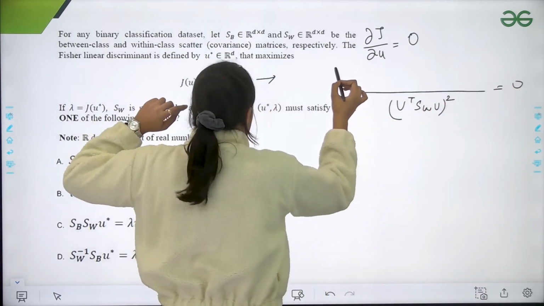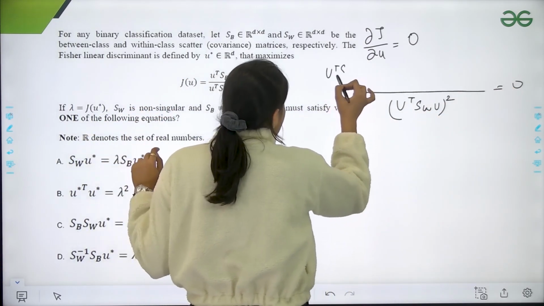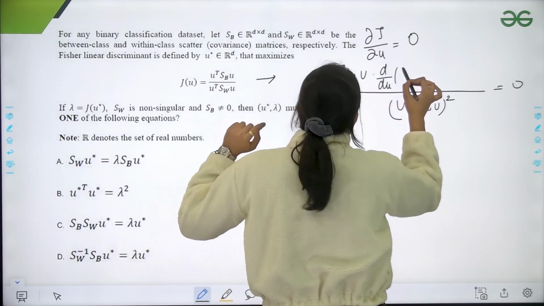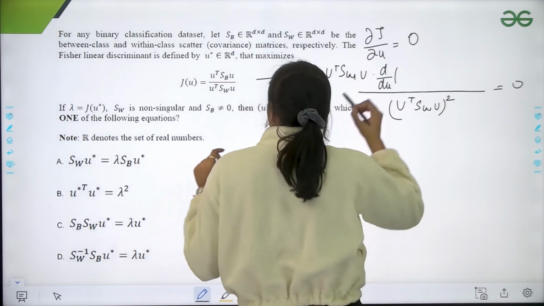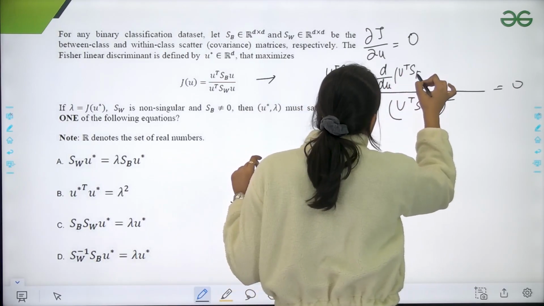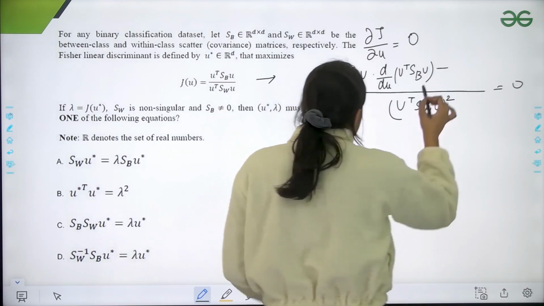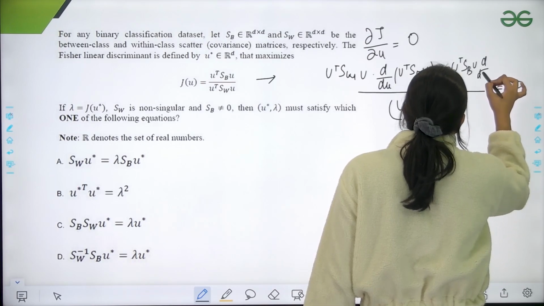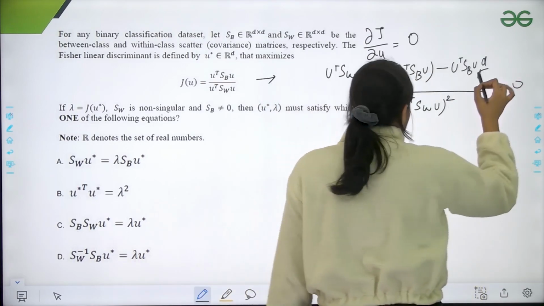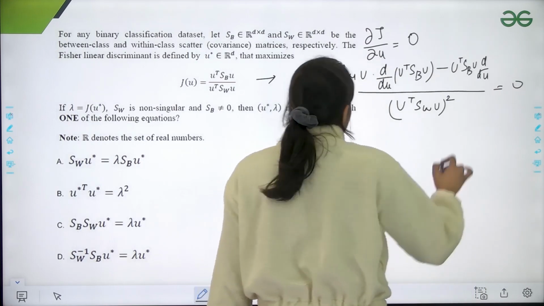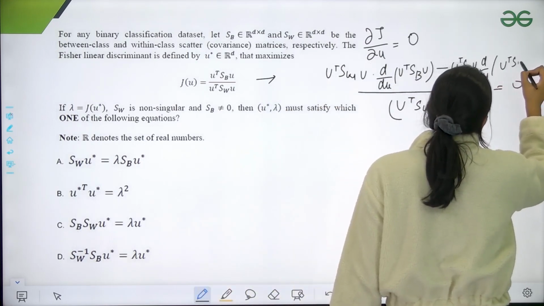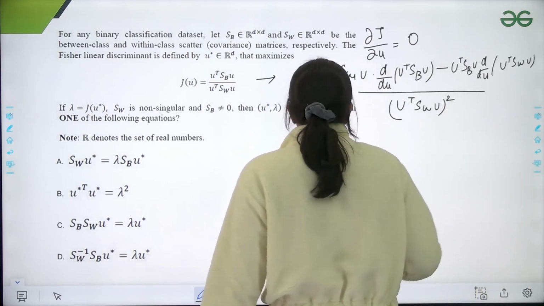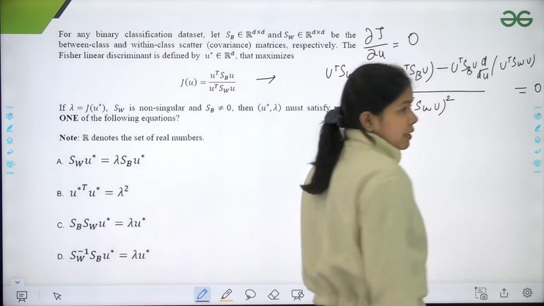Let's take the derivative of this. So denominator as it is, U transpose SW U into d by dU of U transpose SB U, minus, let's keep U transpose SB U as it is, and d by dU of U transpose SW U, right? And it is nothing but equal to 0 because we have to find out a maximum, right?